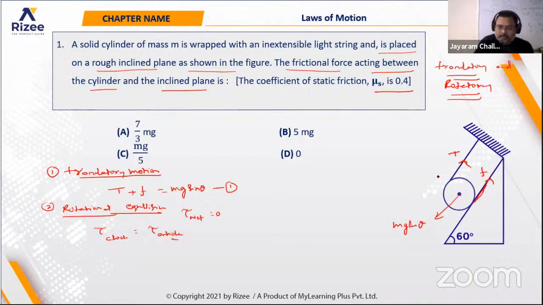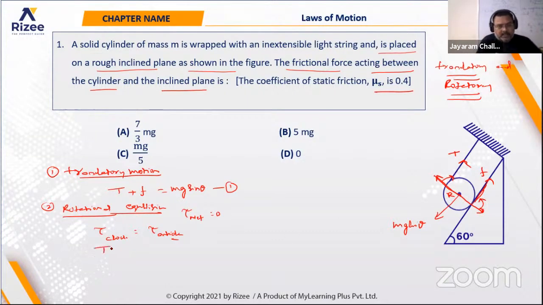The tension produces a torque, R bar cross F bar, in the clockwise direction, and R bar into the frictional force is in the anti-clockwise sense.